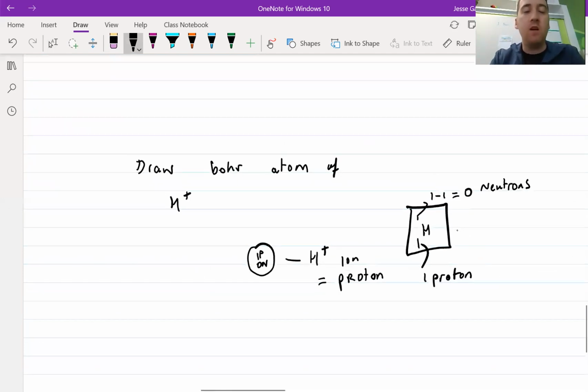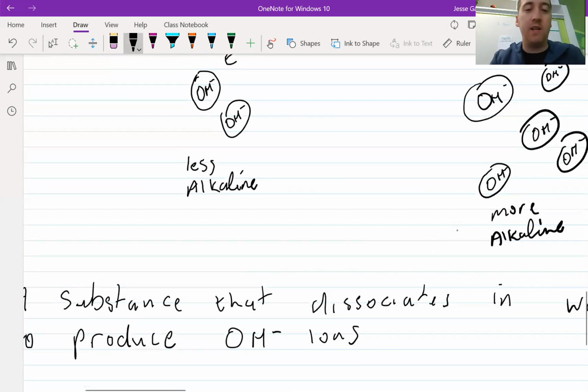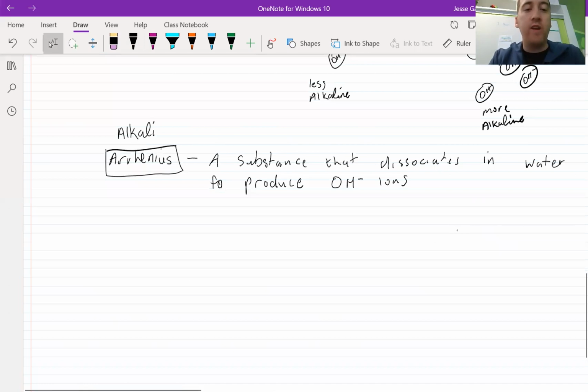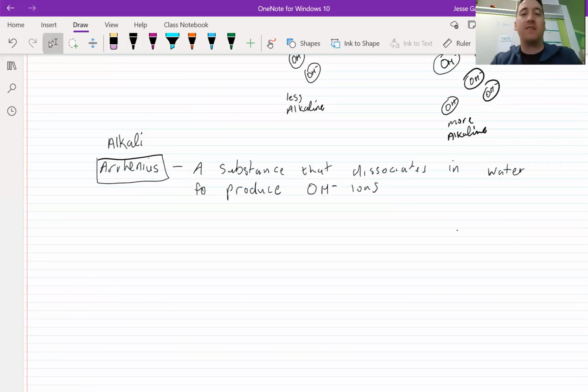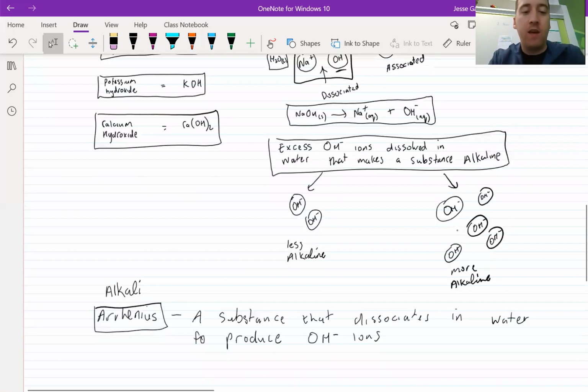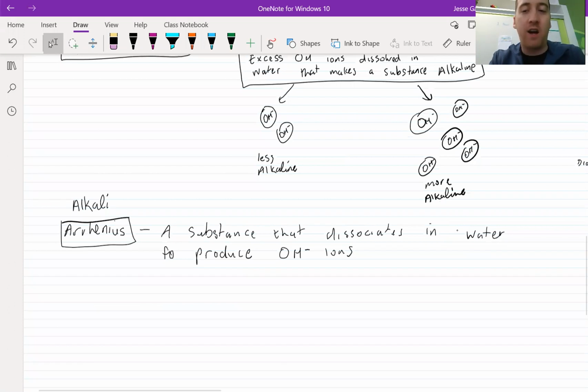Okay, with this in mind, this is going to lead into the second type of definition. The reason why there needed to be an updated definition of this was because Arrhenius' definitions fell short a little bit. And that's because not every alkali produces OH minus ions. Some alkalis can act like alkalis without producing OH minus ions.